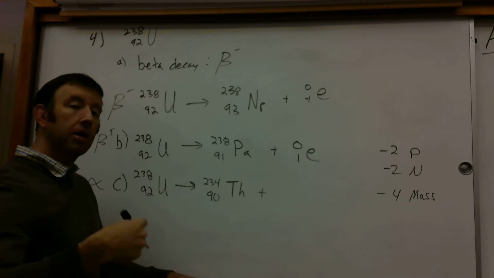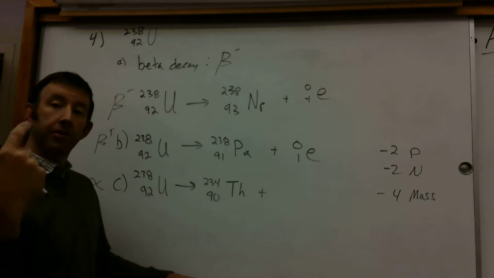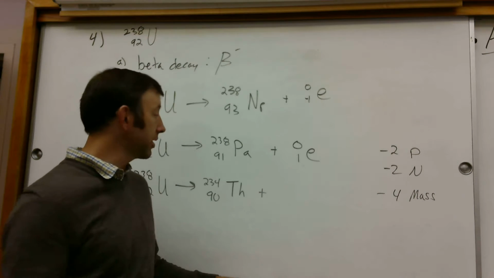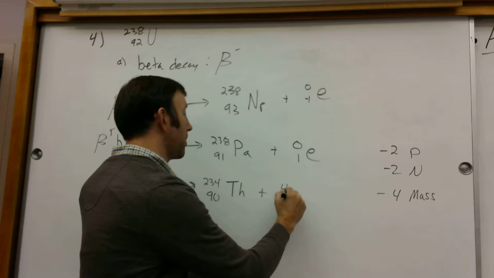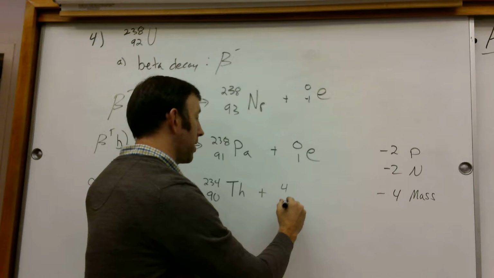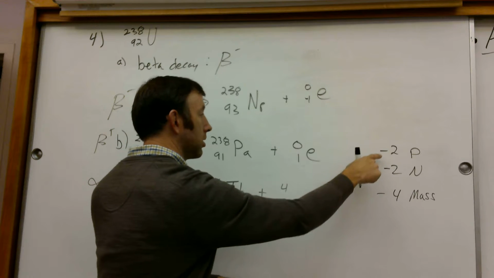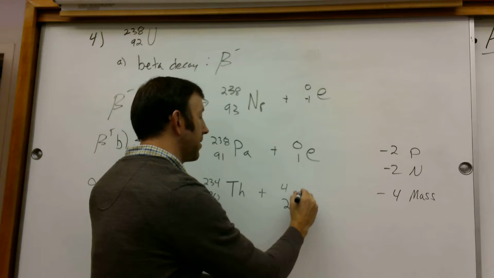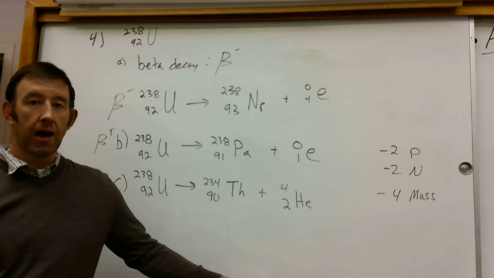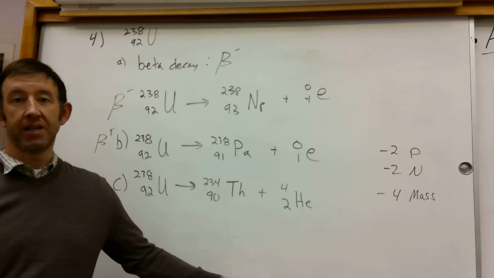An alpha particle, which is essentially a helium nucleus. I write my mass number on top to show a loss of mass of 4, and the other number at the bottom to show that I lost 2 protons. That makes this a helium nucleus. And there we go, an alpha decay equation.